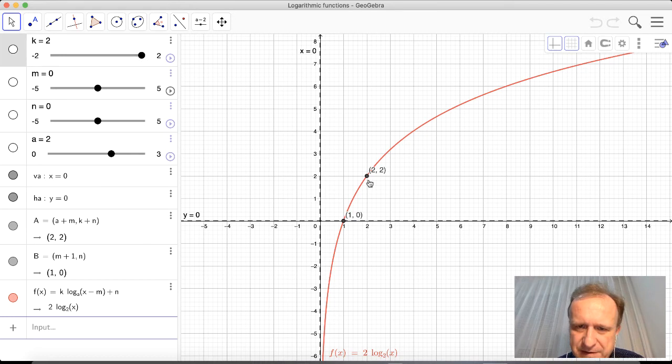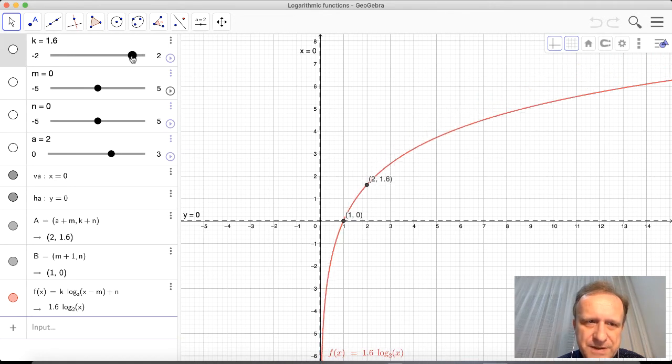This means that the original position of this point, for example, was here, so it got twice as far from the horizontal axis as was its original position. This is also true for points below the x-axis. They also get away from it when k is positive and greater than 1.